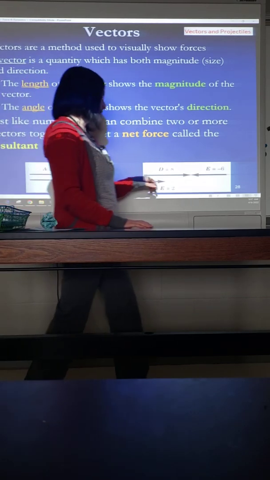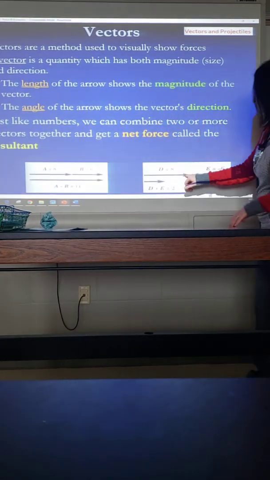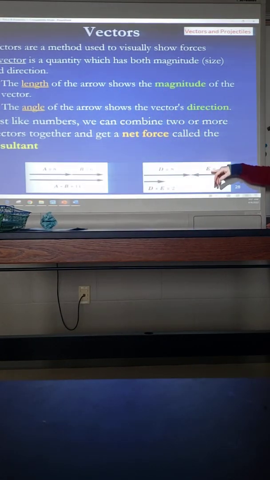Okay, here we have 8 newtons to the right and we have 6 newtons to the left. Going back to the very beginning of last unit, remember, anything that is down, south, left, or west is technically considered to be negative. So because this is going negative, you can consider this as a negative and put -6 here. Again, I'm going to show you this way, but I think it's easier just to be like, okay, 8 and 6 are going in opposite directions.